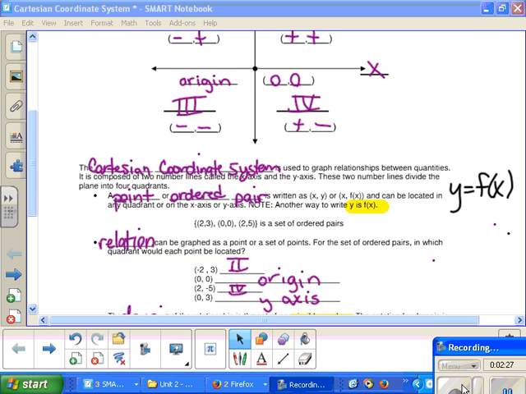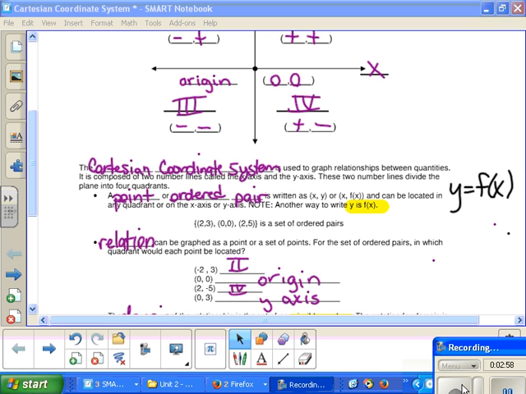A relation can be graphed as a point or a set of points. For the set of ordered pairs, we want to know which quadrant these are in. You refer back up to the top. You see we have negative 2 thirds in quadrant 2. 0, 0 is the origin. 2, negative 5 is down here. 0, 3 is the one that we get hung up on sometimes. 0, 3 would be a point on the y-axis.